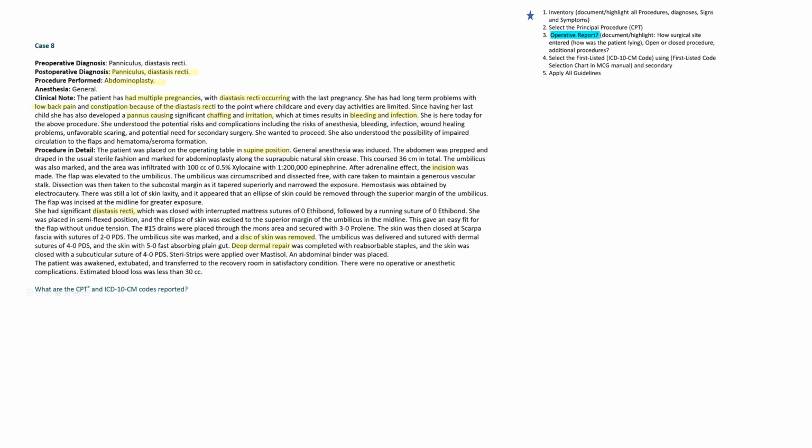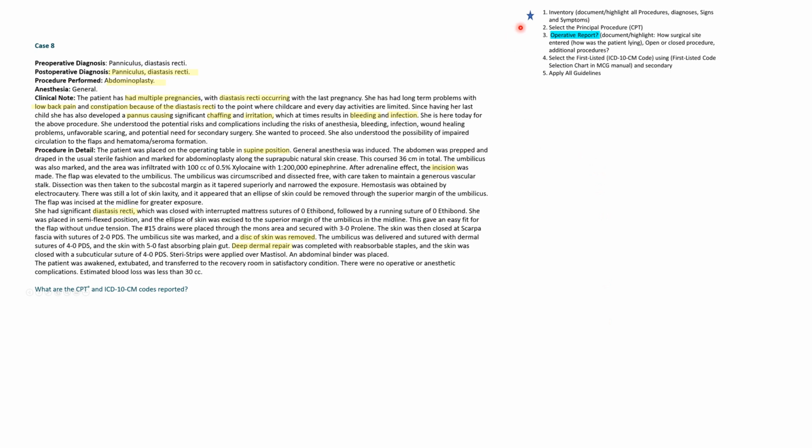Now that we've highlighted our key terms, we can begin with the steps, and they're placed on the upper right of your screen, and that is inventory. While we're learning, I like for us to write down or document as opposed to just highlighting. When you become more advanced, you can just highlight.